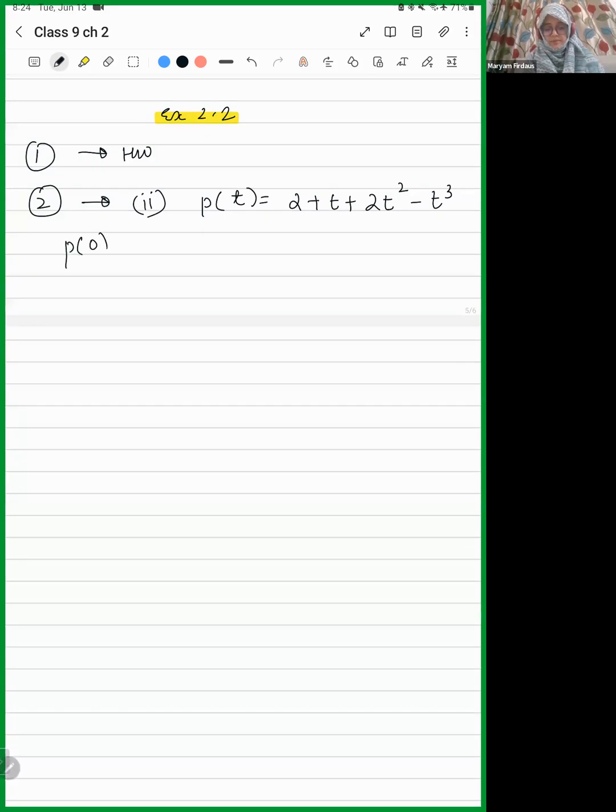P of 0 first. P of 0 is what? P of 0 is equal to 2, ma'am. Is 2, right? P of 0 is 2.